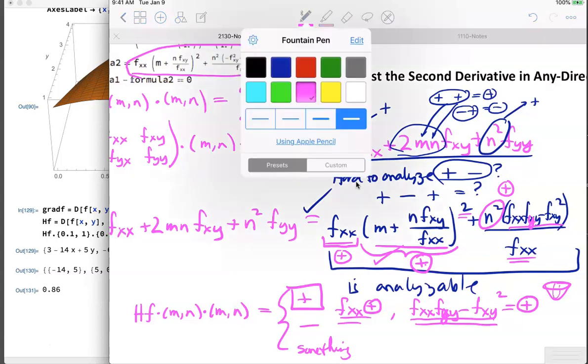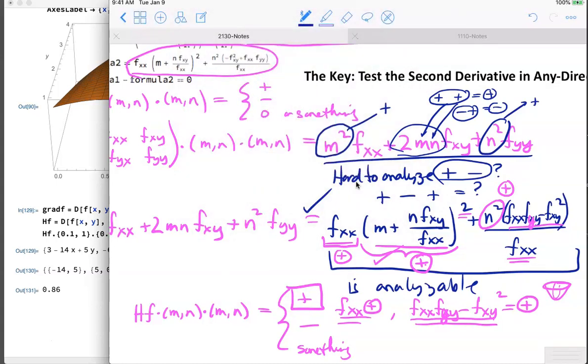To get this second directional derivative to be negative, if fxx comes out to be a negative number, this term will be negative. This term we already know is positive. A negative times a positive is negative.